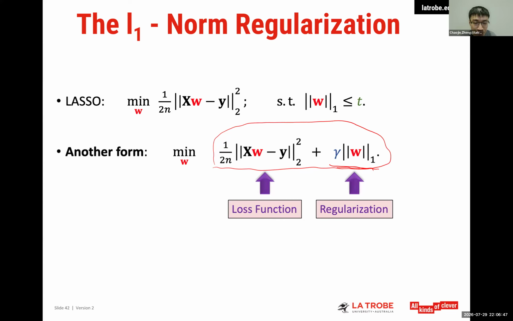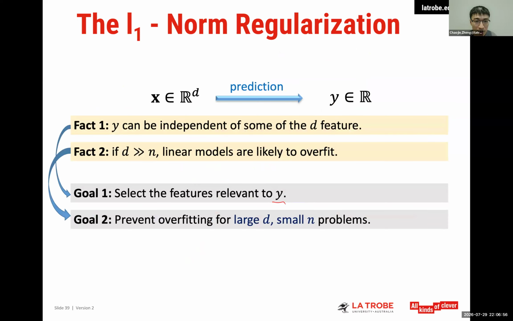So in this way, we will reduce the model complexity, and that's how it achieves the second goal. It reduces the model complexity so that it avoids overfitting for large D and small n problems. And also it will remove the irrelevant feature contributions from the prediction process, and thereby it will also reduce the size of the features it used.